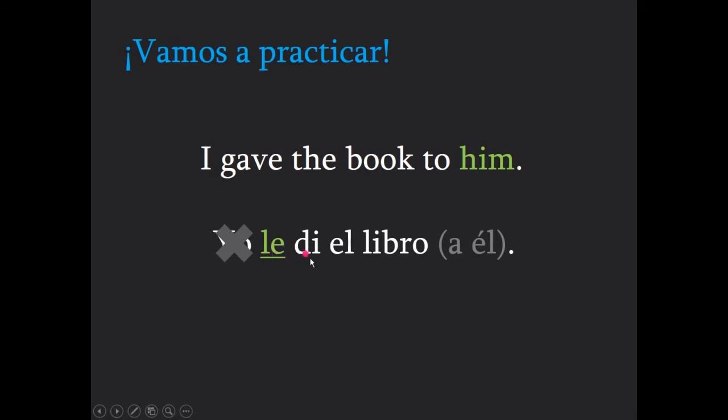That means I gave the book to him, because di means I gave. So I encourage you to not use your yo a lot when you're speaking, because it's not that common unless you really have to emphasize I gave the book. We would more often just say le di el libro. Le di el libro a él. I gave the book to him.